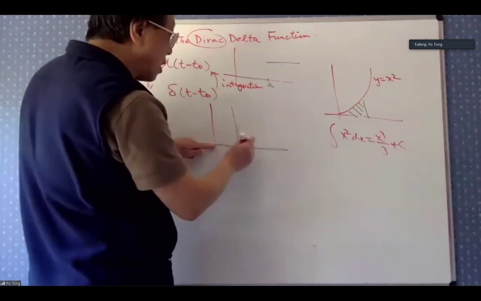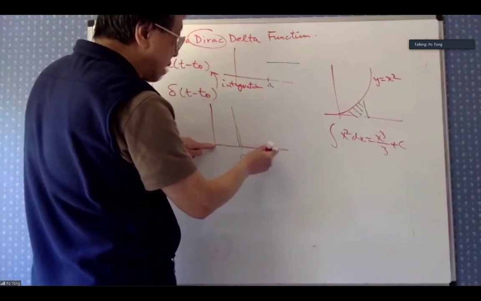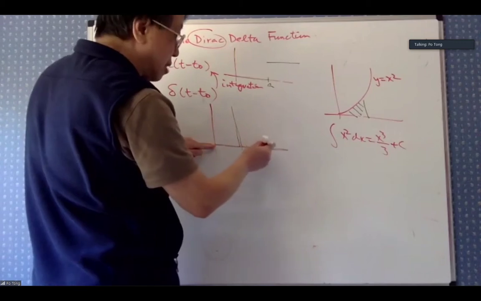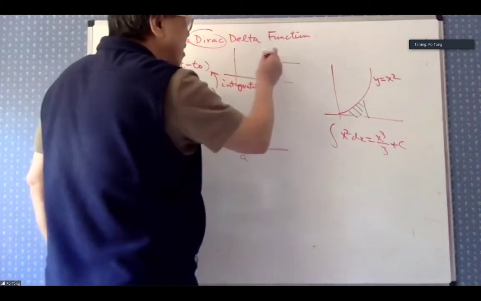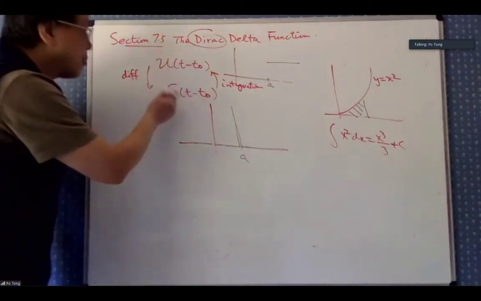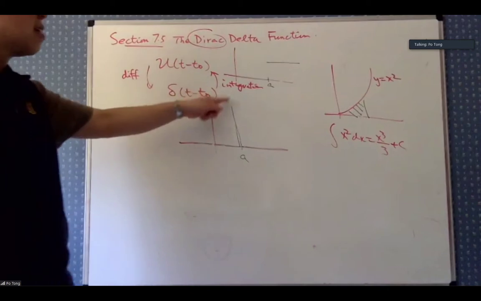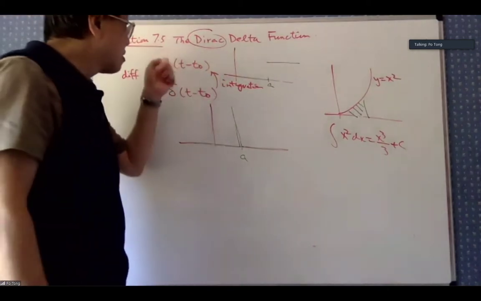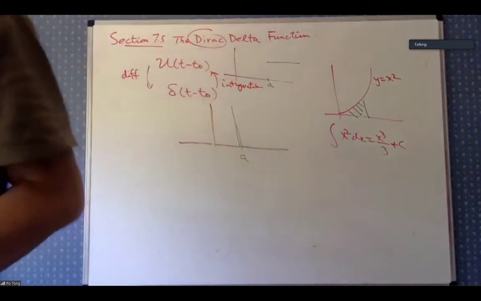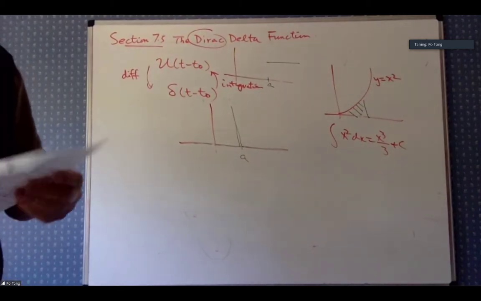You keep going, and because this is 0, the area of 1 is not going to change. It just maintains at 1. It will look exactly like this. So intuitively, the derivative of the step function is the delta function. The integral of the delta function is the unit step function. Okay? So that is the intuition.